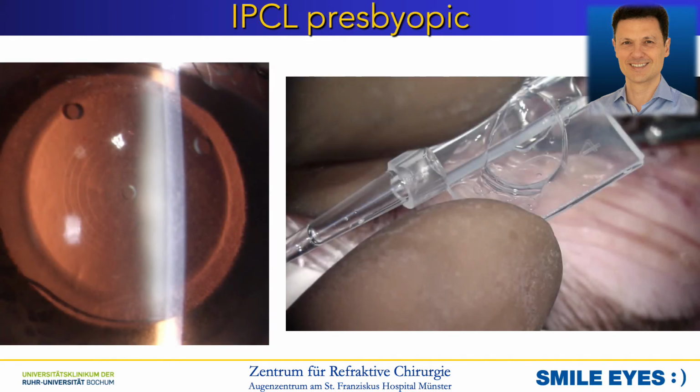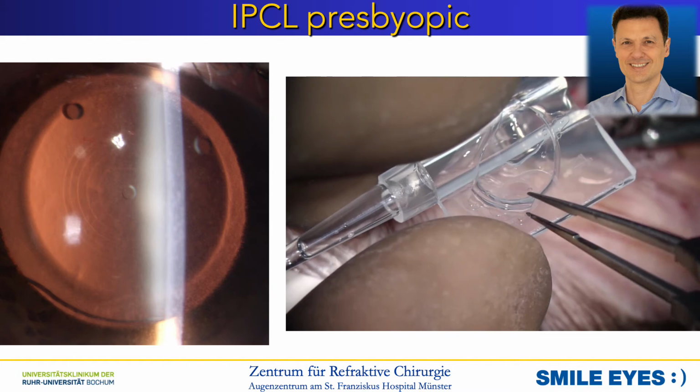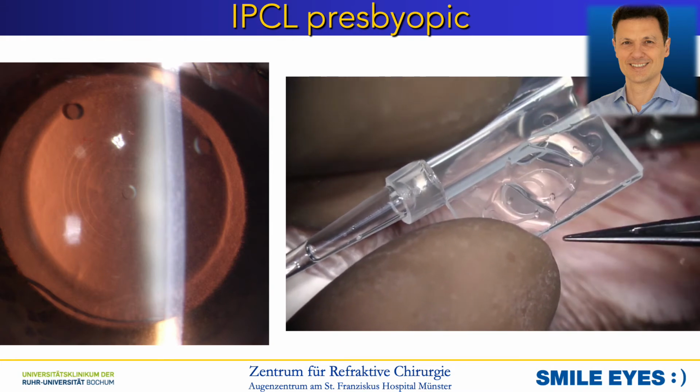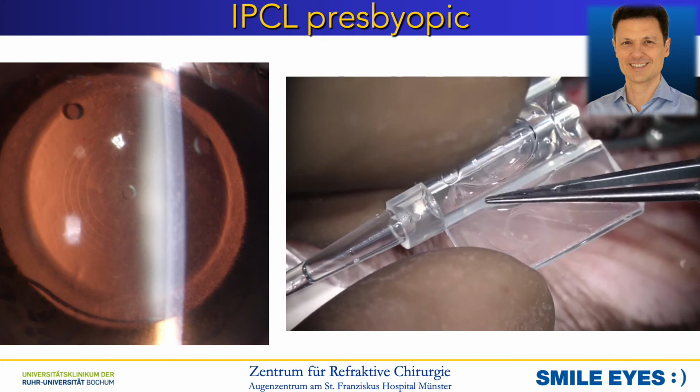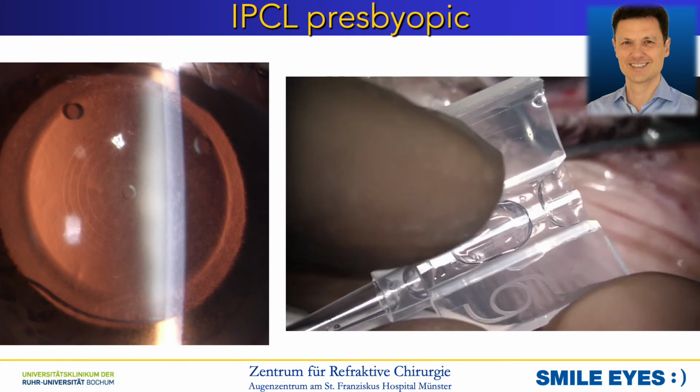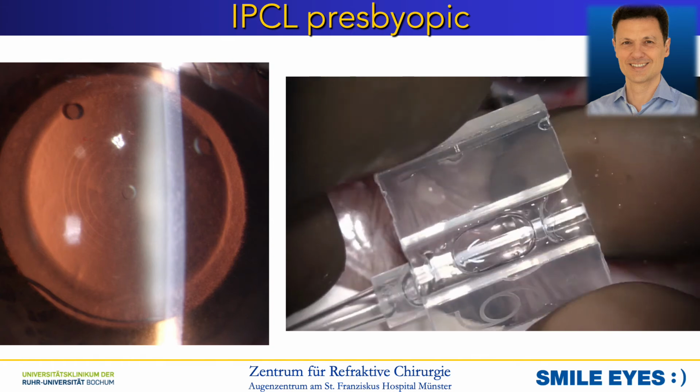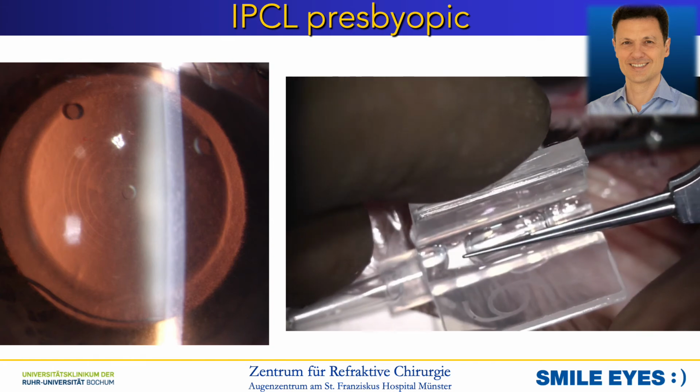So this is the IPCL presbyopic. On the left hand side you can appreciate the diffractive optic, and you can see how easily it is to insert the IPCL into its cartridge, similar to a cataract IOL.